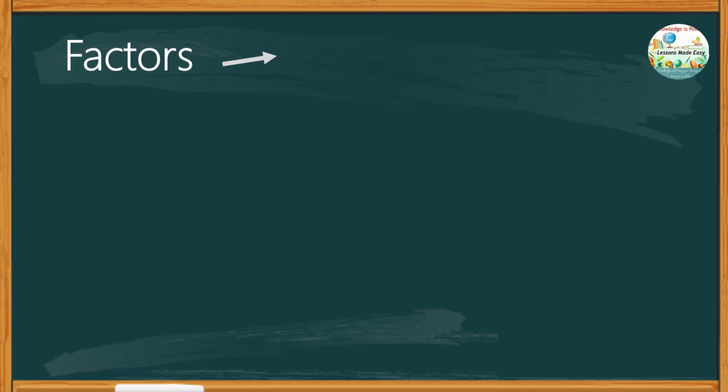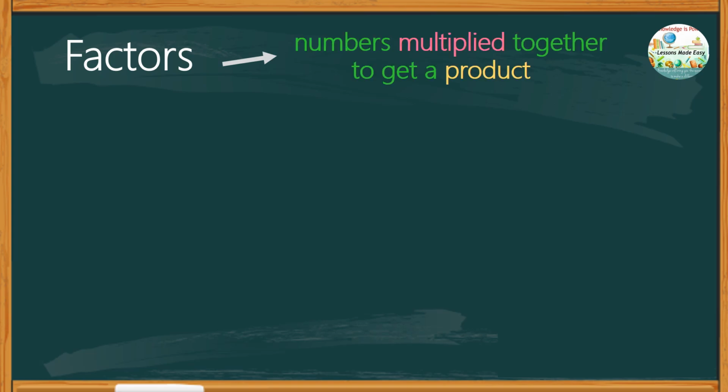When we say factors, these are numbers multiplied together to get a product. The product is the target number. For example, if we have to find the factors of 18, we need to look for numbers that, when multiplied together, will give us a product of 18.